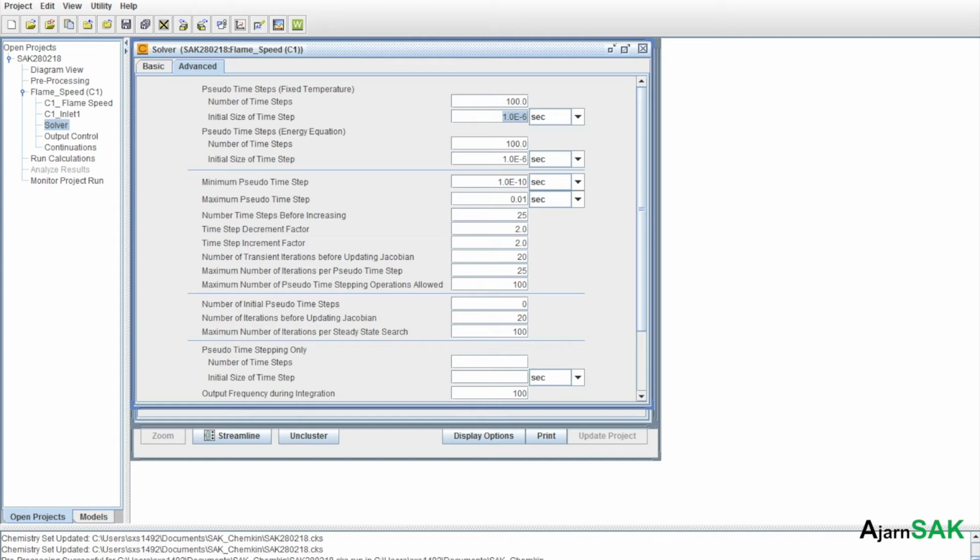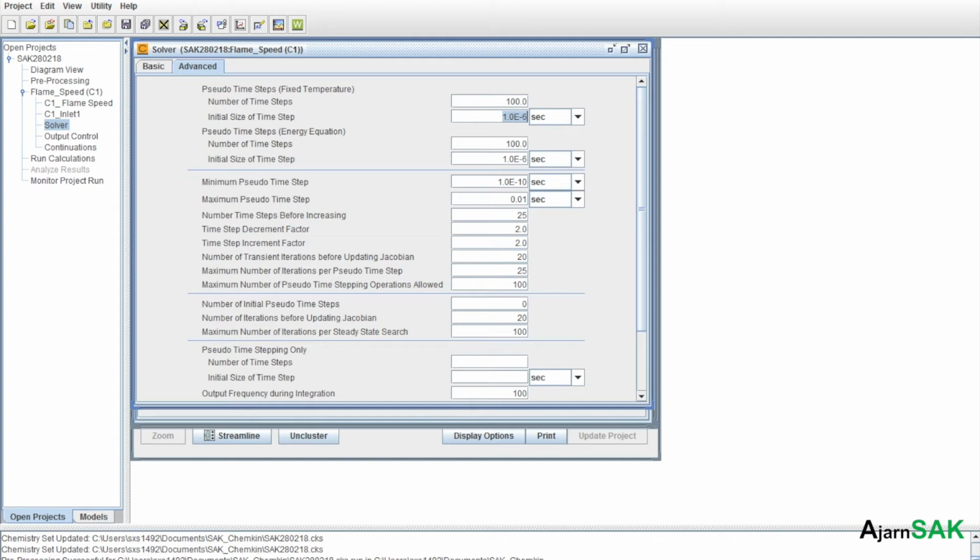So this is what I do. If it diverges, I come here. This is 10. I make it 10 to minus 7, then 10 to minus 12. If it diverges again, let's use the default number. It diverges again, so I make it 10 to minus 8.